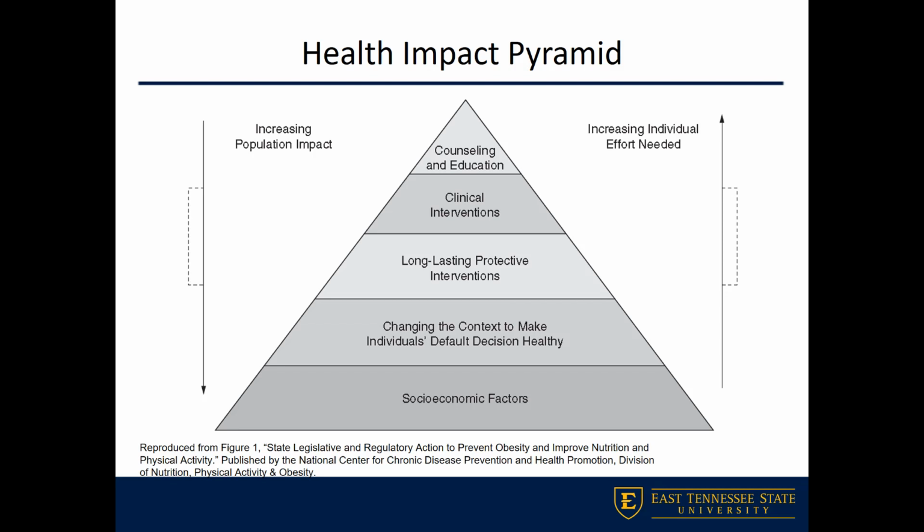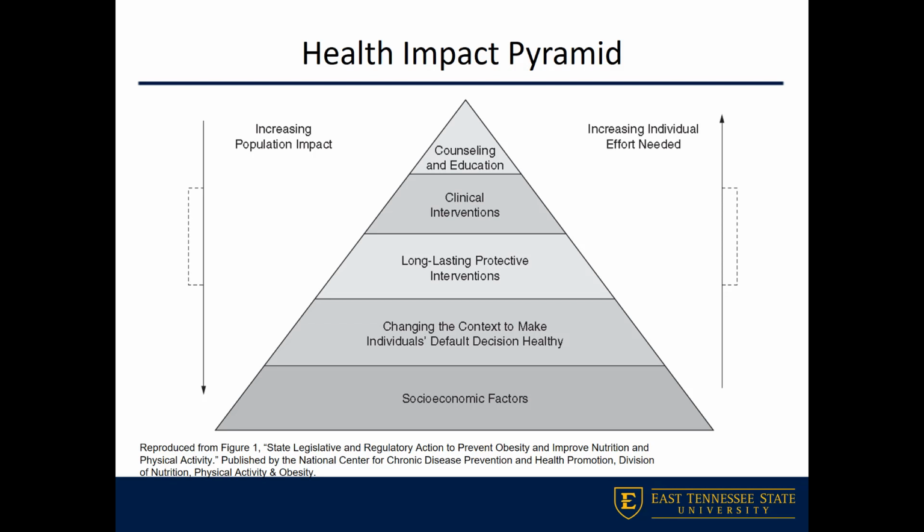When we're talking about long-lasting protective interventions, I think the best example would be vaccinations. So you only have to perform the behavior maybe once, maybe very rarely, to get the impact you're looking for. And they're long-lasting.